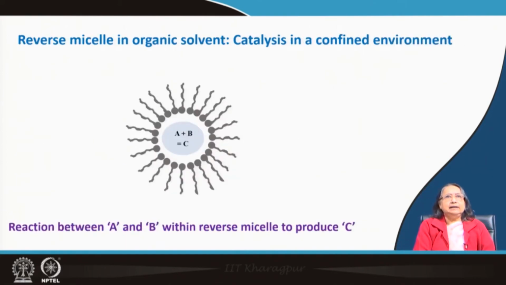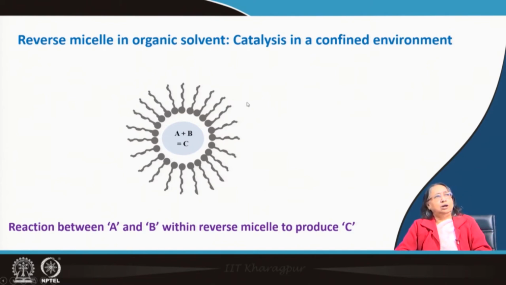You can see here that the head groups, because only a little water is there, will be inside the core, facing towards the water, and this is the organic solvent. The carbon ends, because they are hydrophobic, remain towards the organic solvent, because hydrophobic things like hydrophobic things.